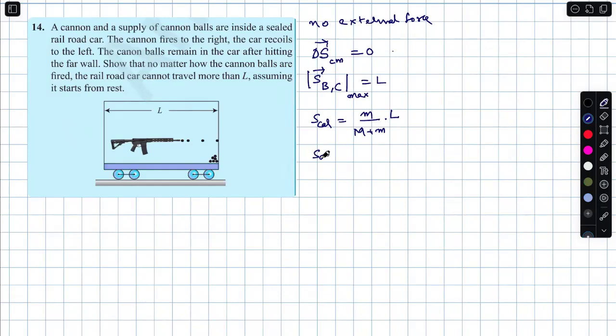So S car is always less than L because of this fraction. That's what you have to prove. That's all. Done. Right.